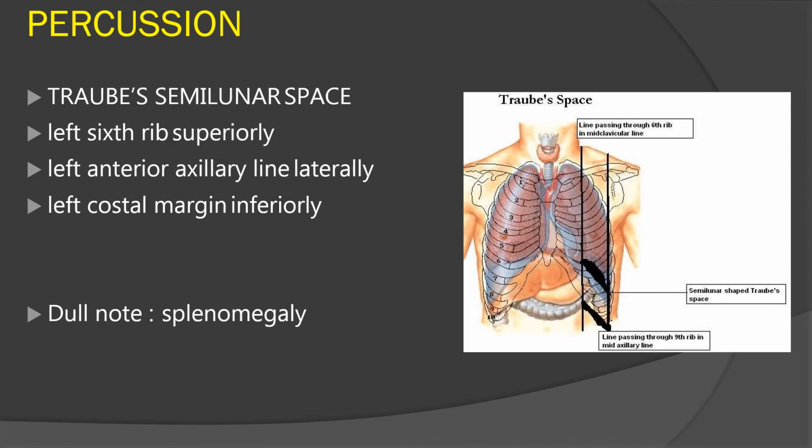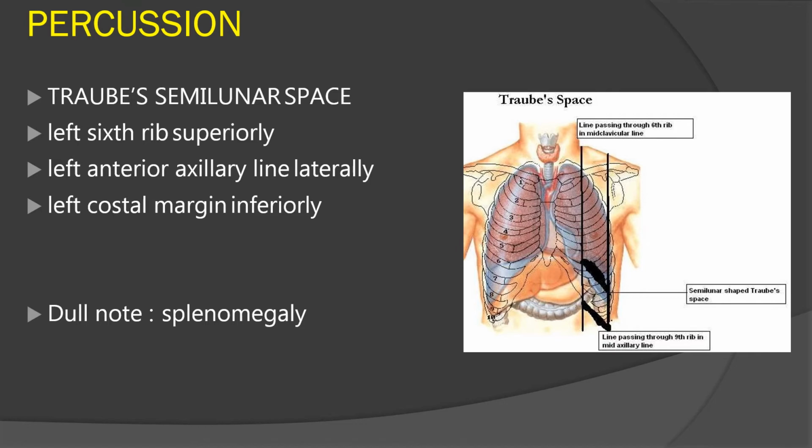Traube's semilunar space. This is the Traube's semilunar space shown in the picture. Left sixth rib superiorly, left anterior axillary line laterally, left costal margin inferiorly.